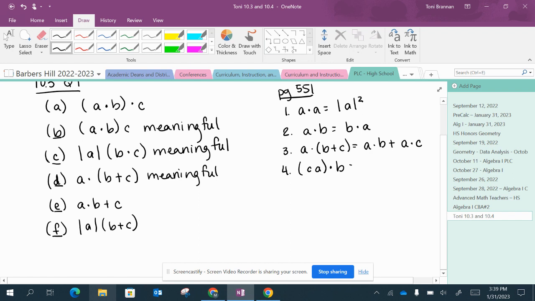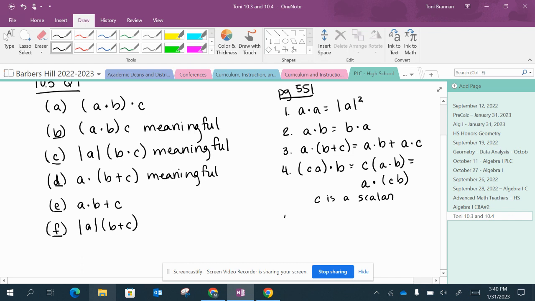C times A, dot product with B, we can take that scalar out and multiply it times the dot product of A and B. And that also equals, and it's important to know this, the dot product of A with C times B, where C is a scalar. You might make a little note, C is a scalar. That just means it's a constant, like 3. It's just some number.